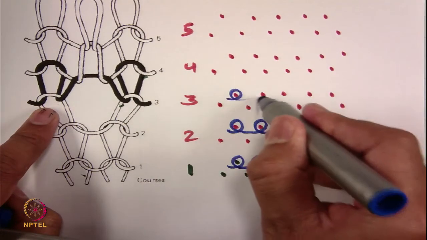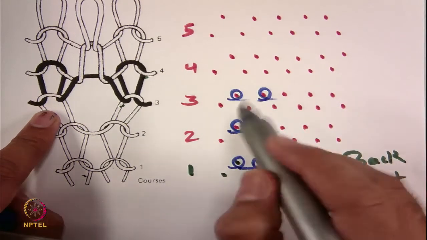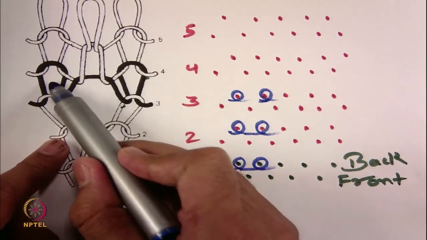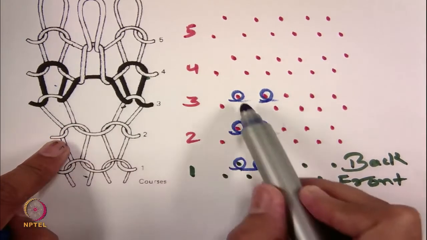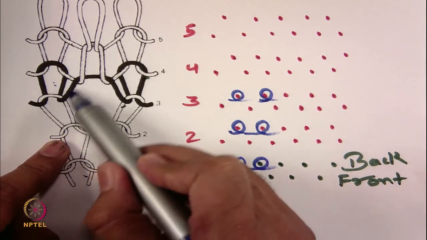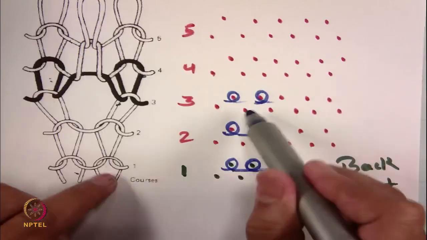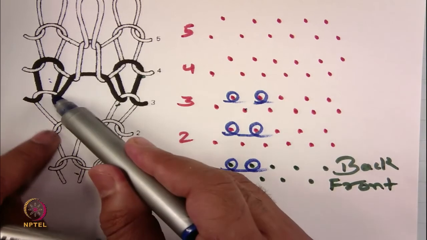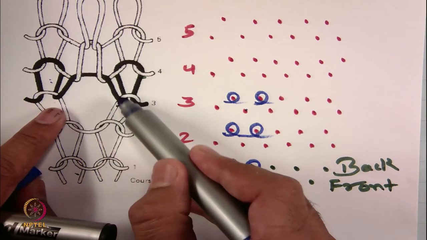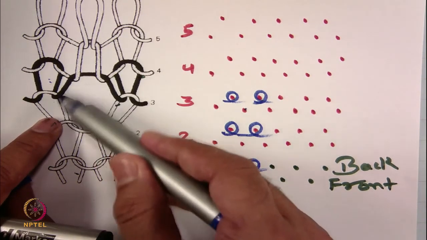So, again 2 needles created 2 technical back loops, but these 2 back loops are not connected, so we cannot connect these; rather, in between the 2 loops one front loop is coming, because now one of the needles, especially this needle, is participating. You can see the yarn is now going to the front bed, because the nature of the leg is that the loop is moving on the front side of the old loop.